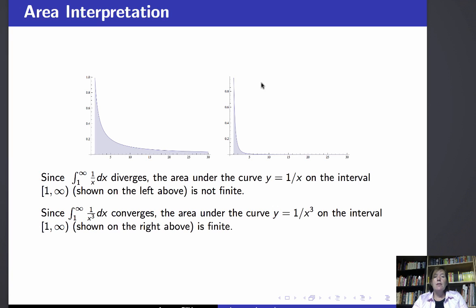And since the integral from 1 to infinity of 1 over x cubed dx converges, then the area under the curve y equals 1 over x cubed on the interval from 1 to infinity is finite. It's actually equal to 1/2. Now that's as much a definition of the area under the curve as it is a geometric interpretation of these integrals.